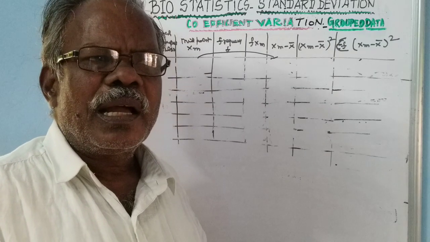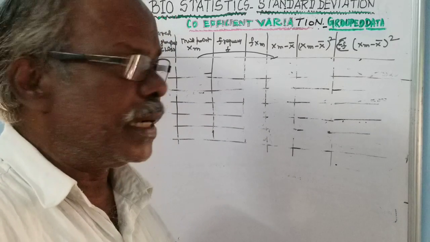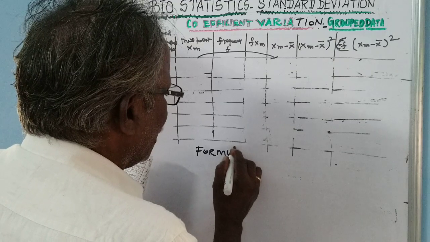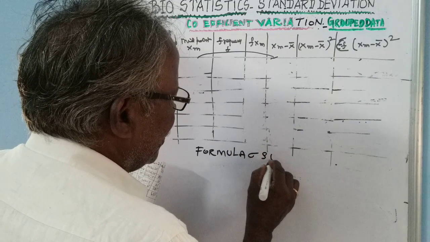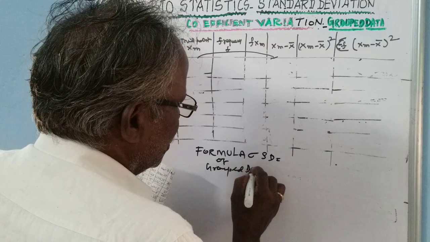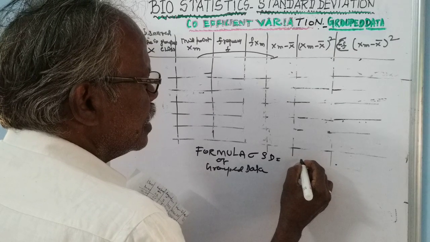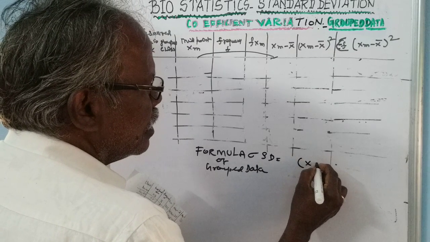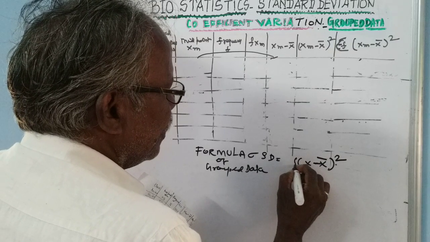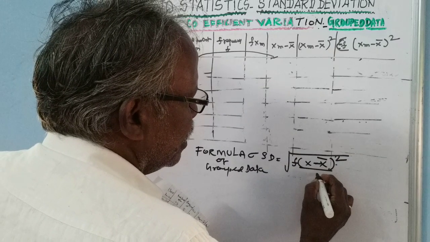Now we will see the formula for the standard deviation of grouped data. The formula is: standard deviation is equal to the square root of the sum of f into (x minus x bar) squared, divided by n.